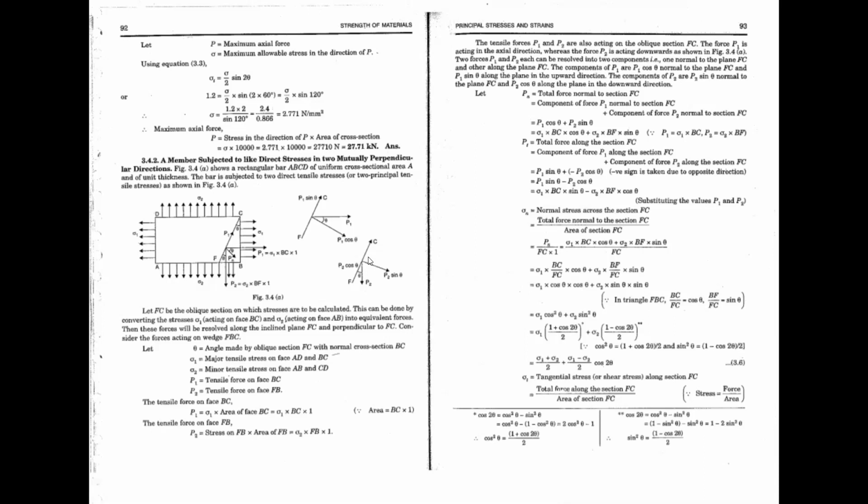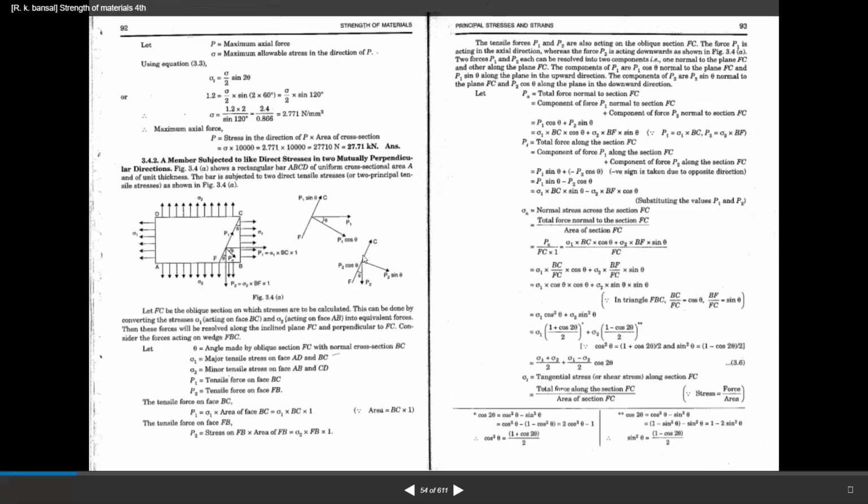The components of P2 are P2 sin theta normal to the plane FC and P2 cos theta along the plane in the downward direction.